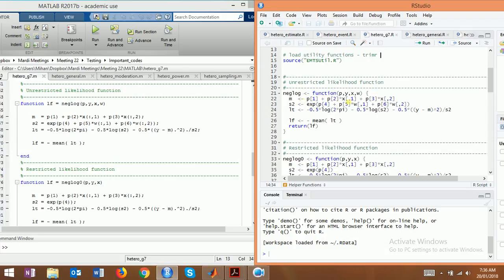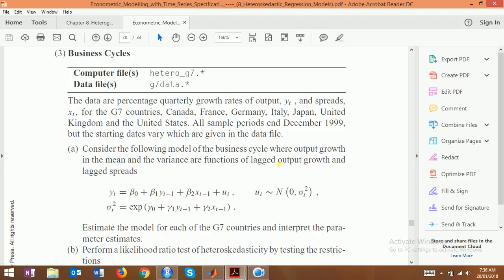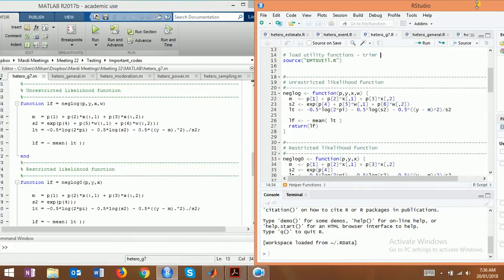The neglog function takes p, y, x, w as inputs, where m is p1, p2, x all rows in the first column, p3, x all rows in the second column, because in the first column we have the outputs and in the second column we have the spreads.